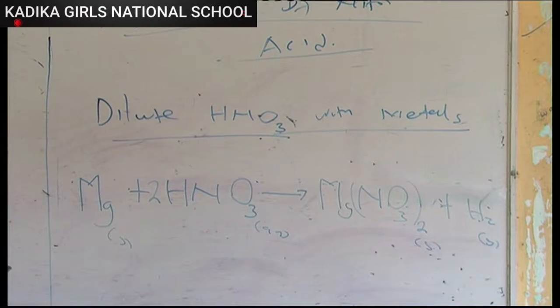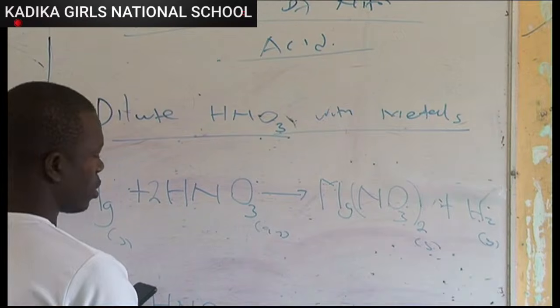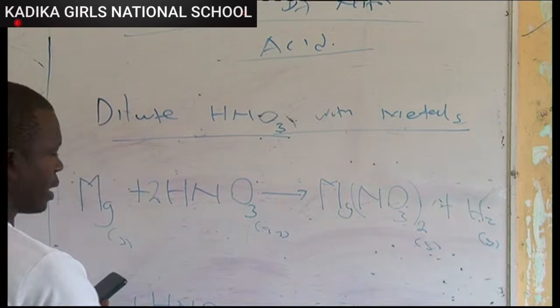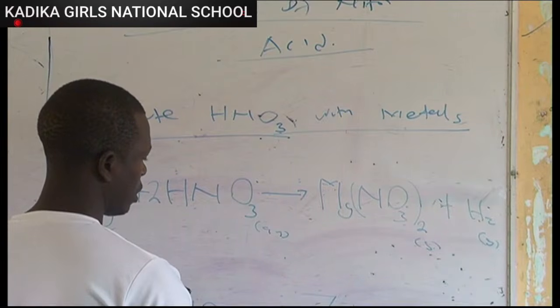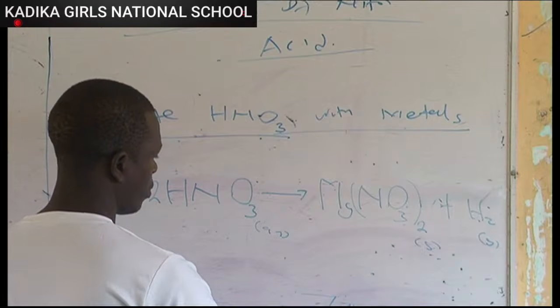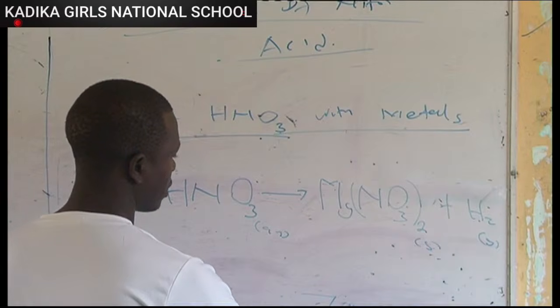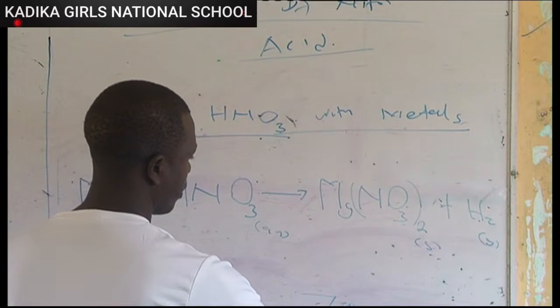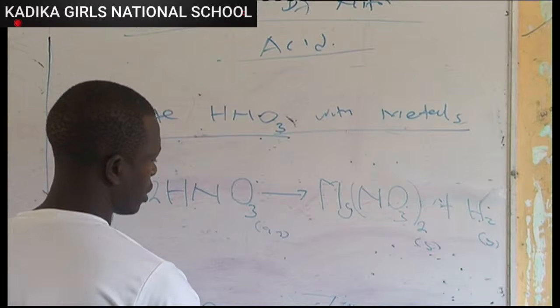But when we use a less reactive metal, for example, when we use zinc, then we react it with nitric 5 acid. In this case, we are going to form zinc nitrate plus nitrogen 2 oxide plus water.